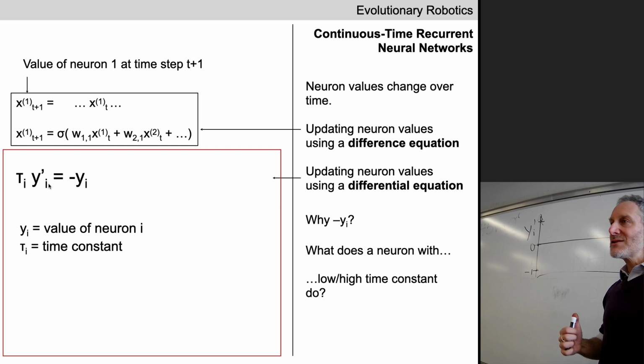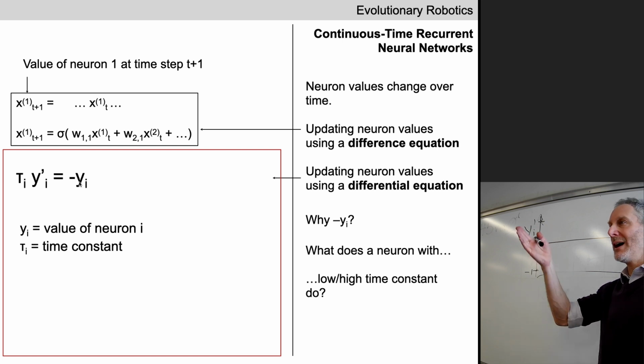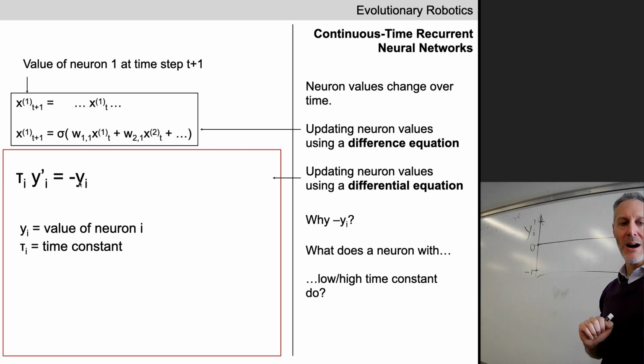This is just laziness on the part of the authors of this paper. We could have added tau on the right-hand side. It would just be minus y sub i divided by tau. If you mentally divide both sides of this equation by tau, you'll end up with y prime equals minus y divided by tau. Okay. What is tau?